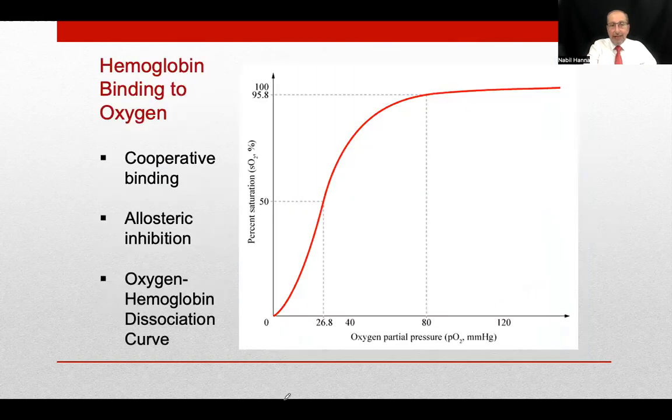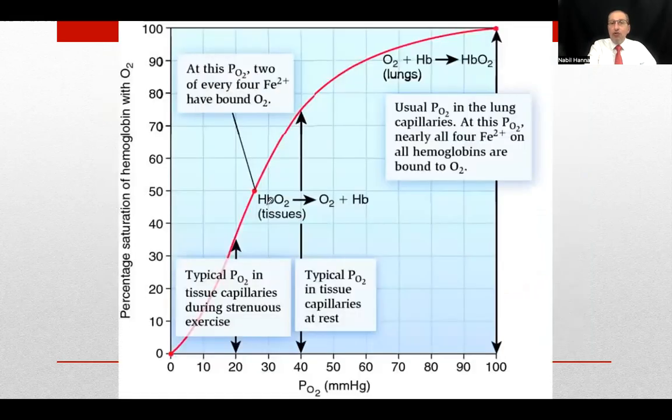When we express this in a graph, we say that the oxygen hemoglobin dissociation curve shifts to the right in exercising tissues, which means the hemoglobin becomes more generous. And also in anemia, when you have a lower amount of hemoglobin, the blood will sense that, and the blood will become more generous in delivering oxygen. Think of it like you order pizza, and the pizza place has a deficiency in the number of delivery guys.